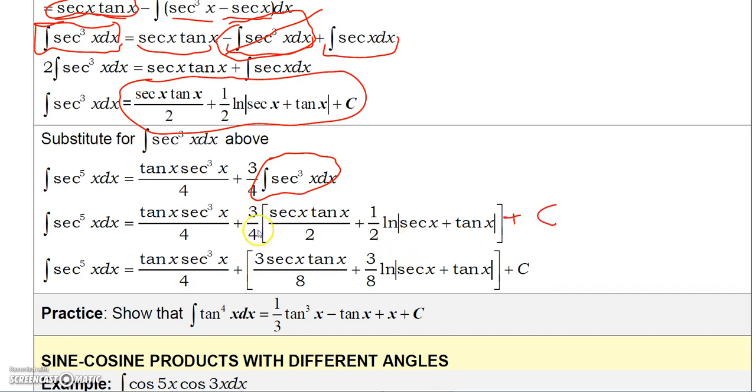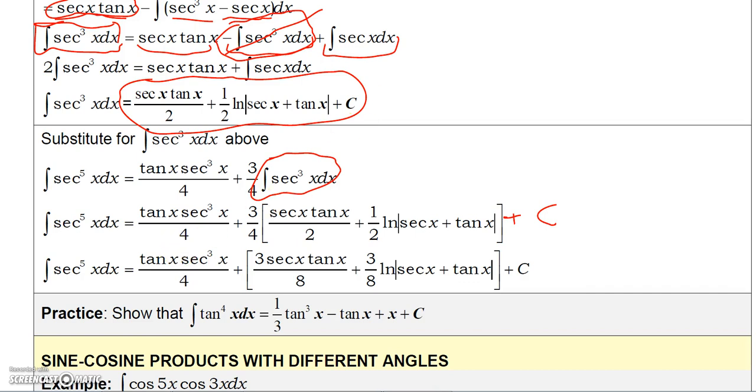Okay, and then you multiply this by 3/4, and basically here you'll just get 3/8 times secant x tangent x. And if you multiply this by 3/4 here, you'll get 3/8 times this natural log, and then plus a constant.